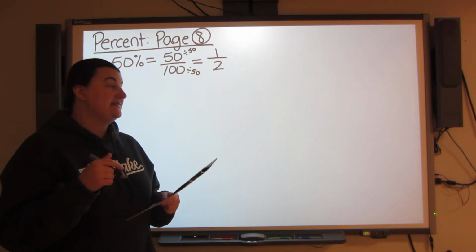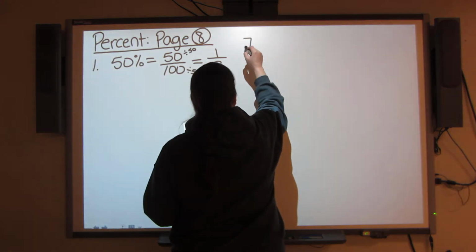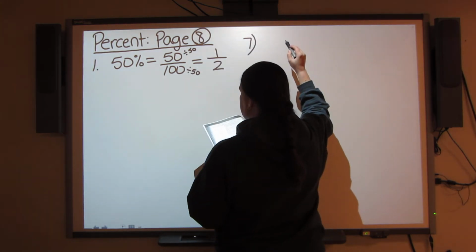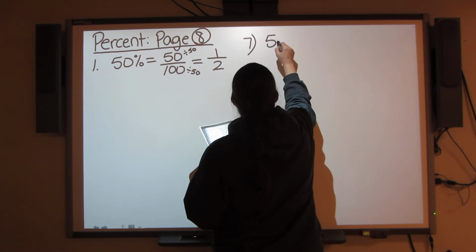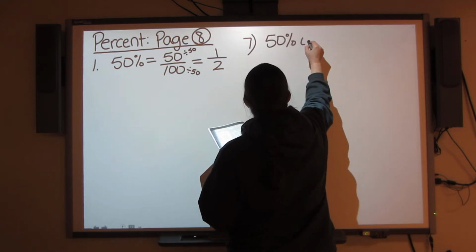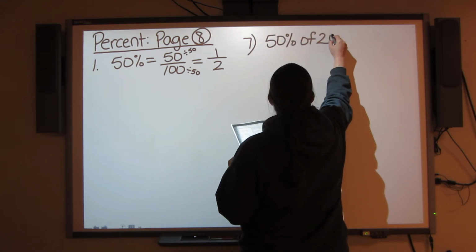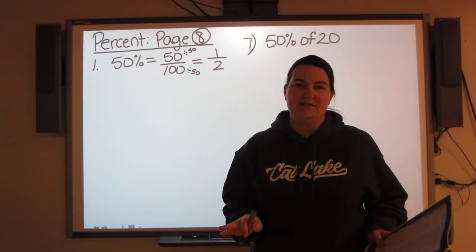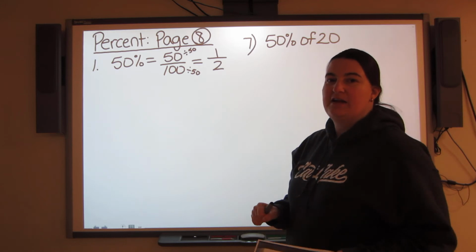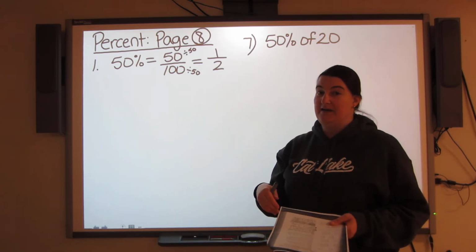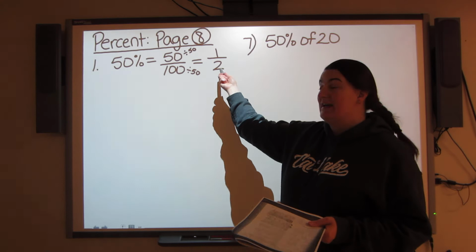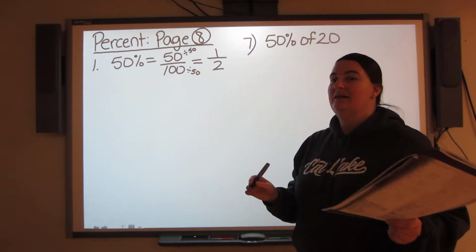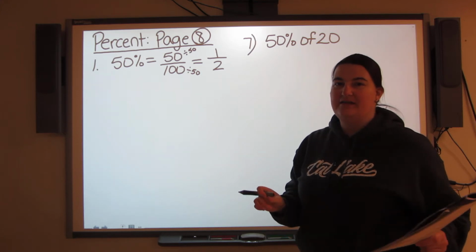Then we've got number 7. Number 7 asks us to find 50% of 20. So just like we've done before, first of all, I know that you could do this in your head. 50% of 20 really means half, right? Half of 20 is 10. I know that you know that, and that's great.